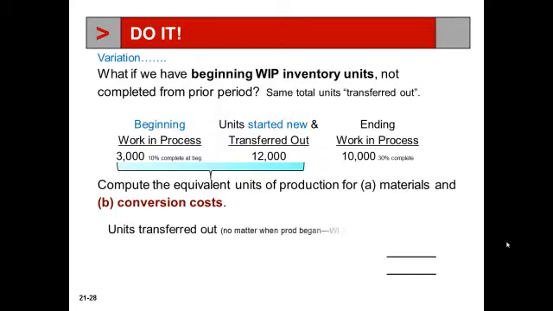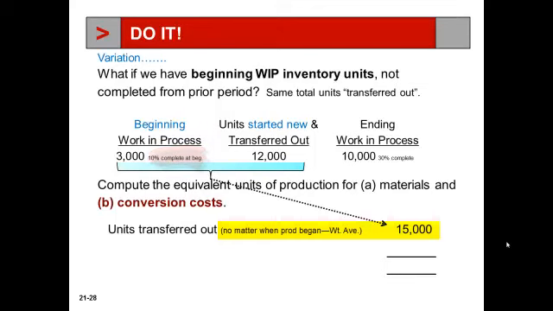So, total units transferred out, 15,000. It does not matter when production began for the weighted average method. So 3,000 from the beginning work in process, even though that was 10% complete at the beginning of the period, we ignore that percentage of completion, and we know that 3,000 were completed.